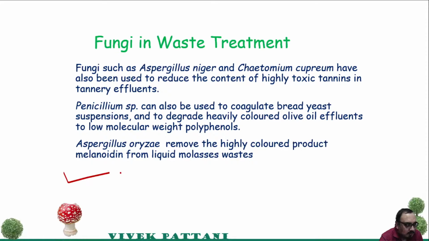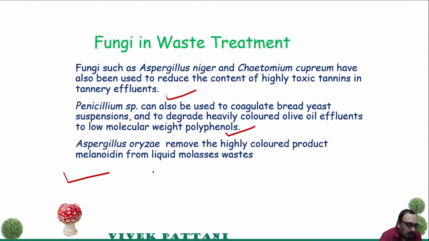Now fungi in wastewater treatment: fungi such as Aspergillus niger and Chytridium have been used to reduce highly toxic tannins in tannery effluents, and Penicillium can be used to coagulate bread yeast suspensions and degrade heavily colored olive oil effluents to low molecular weight polyphenols.